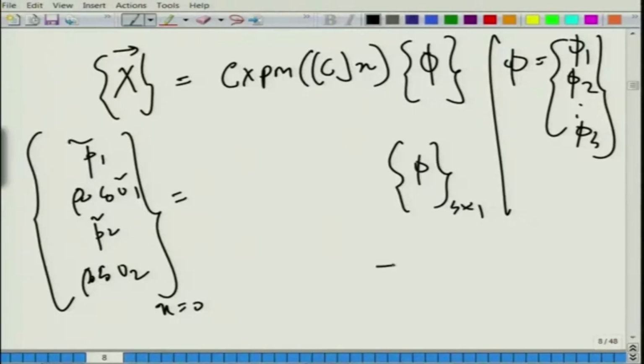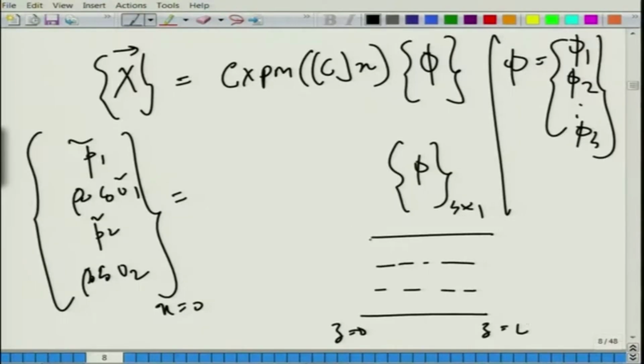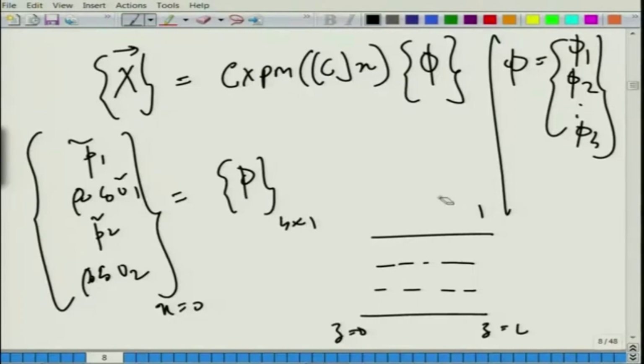Remember your perforated section, something like this. This was the section z equal to 0 and this was z equal to L. So this constant can then be your state vector at x equal to 0.